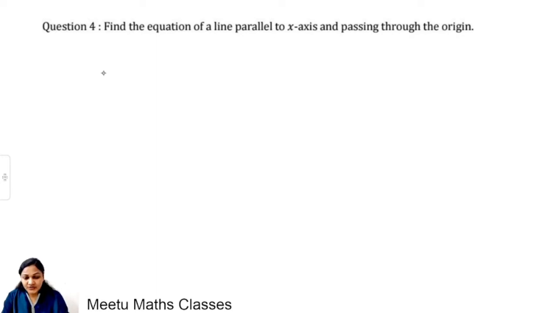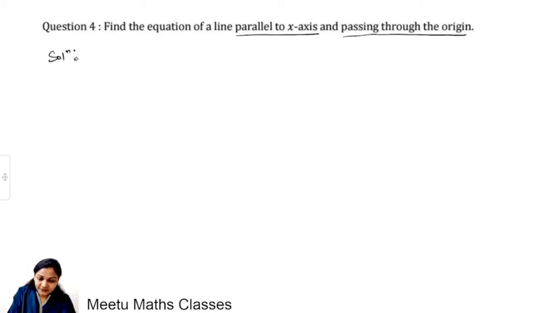Now the next question is, find the equation of a line parallel to x-axis and passing through the origin. So we have to find the equation of a line which is parallel to x-axis and passing through the origin.